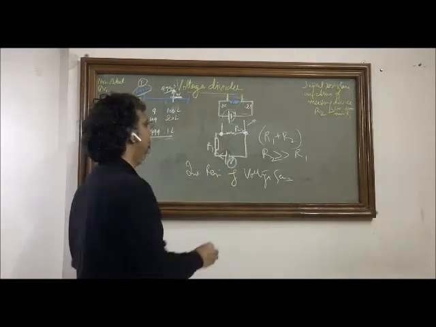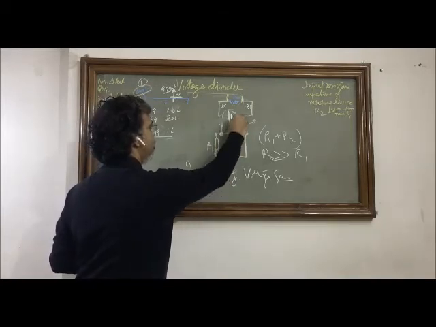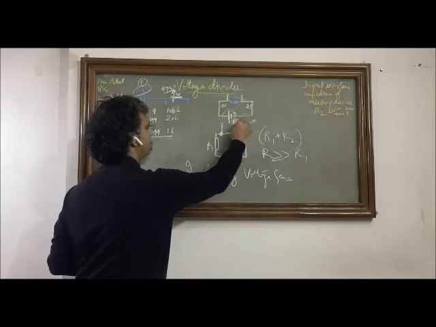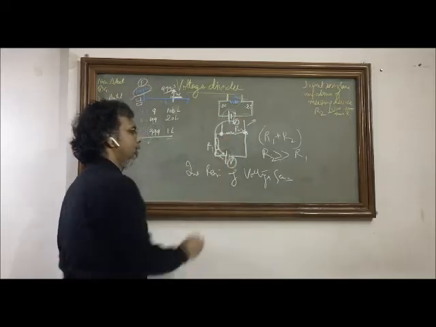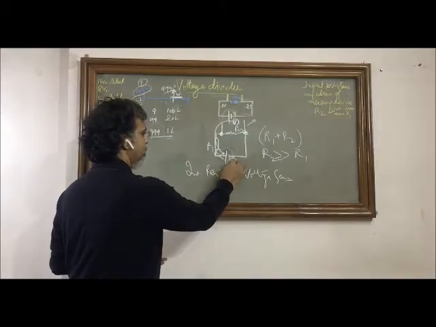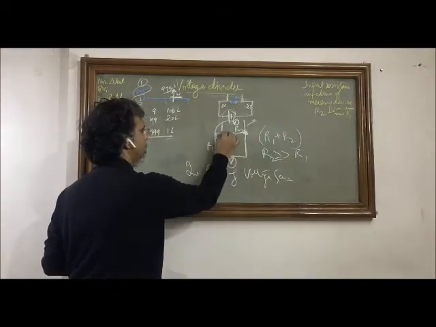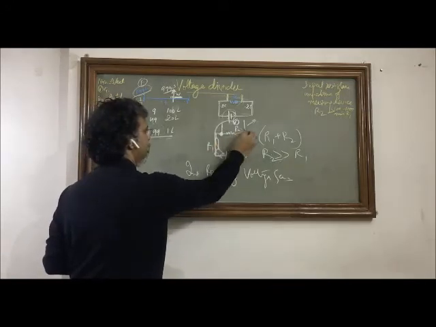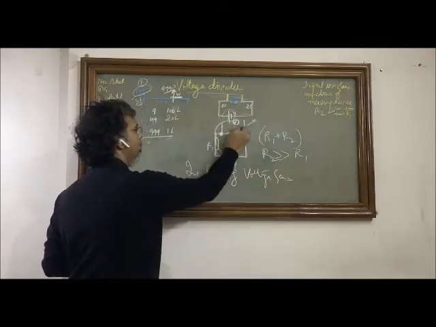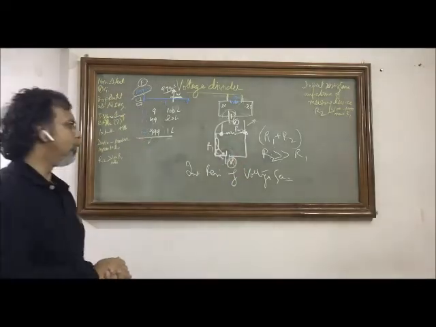If we measure the potential difference between these 2 points, we will find that this is almost equivalent to V, because the charge carrier started with some energy, a very less amount of energy is consumed up till this point, and the rest of the energy is available, and this is almost equivalent to the source voltage or source potential energy.